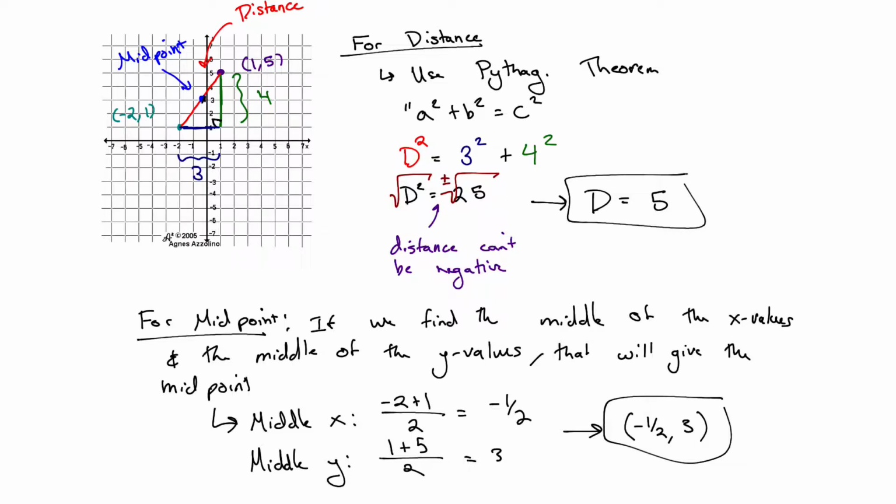But I asked this question: what if these were not just negative 2, 1 and 1, 5? What if these were arbitrary points? What if we wanted to be able to figure out the distance and midpoint for any set of points, right? Well, let's go ahead and figure that out. So, the distance and midpoint formulas.